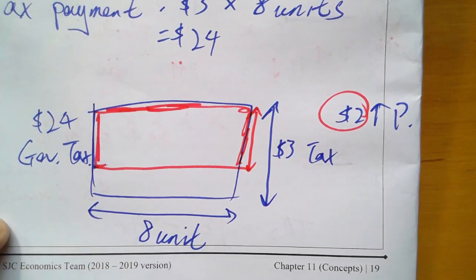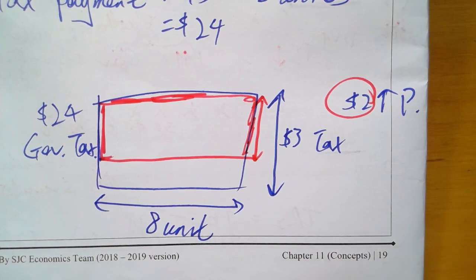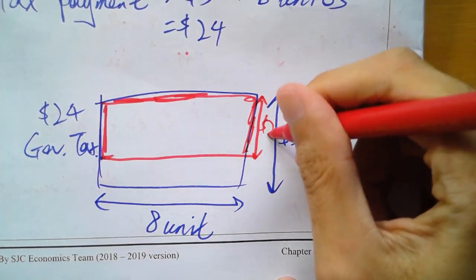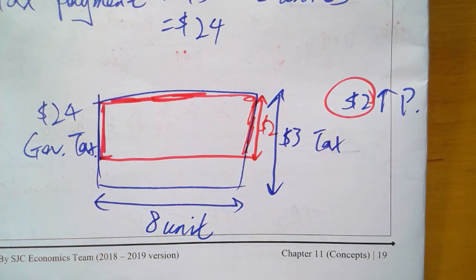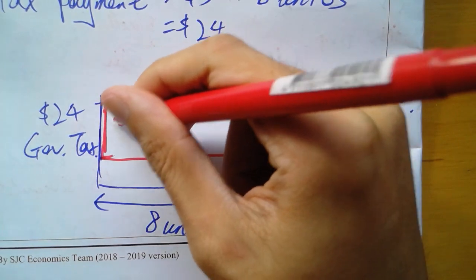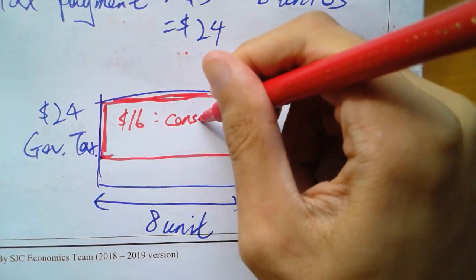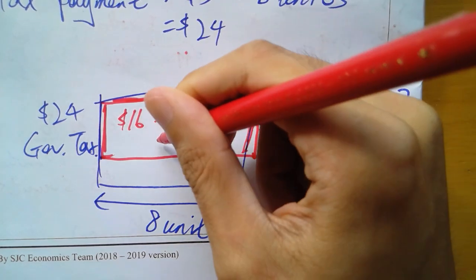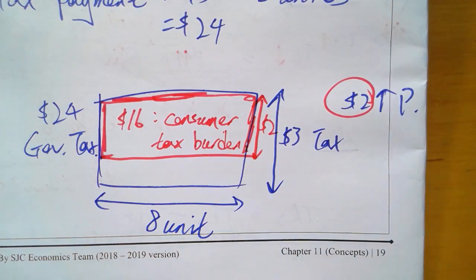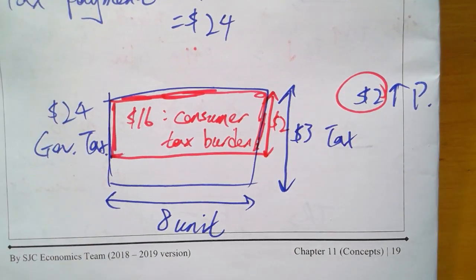This part is suffered by the consumer, because they pay $2 more for the tax, right? They pay $2 more, so they lose out. Then buying 100 pieces, this $16 we call this consumer tax burden (CB). Okay, because consumer is the one being suffering here, right?